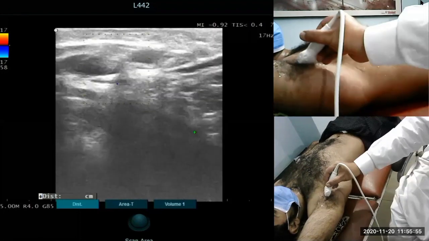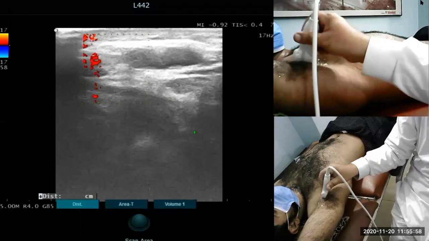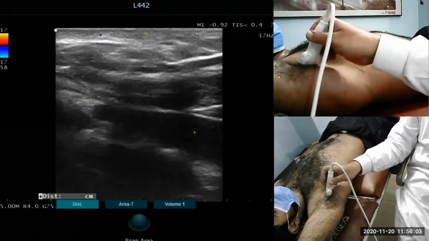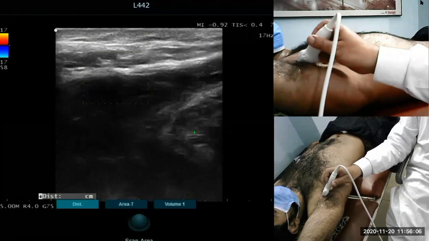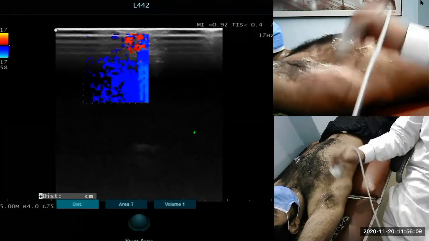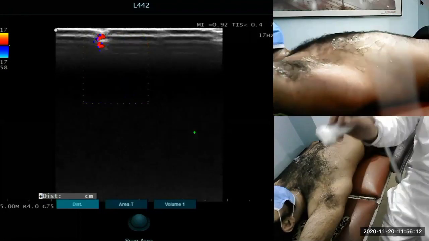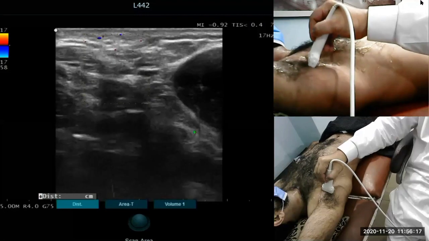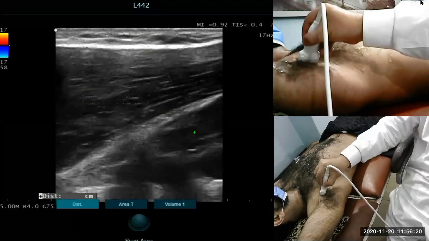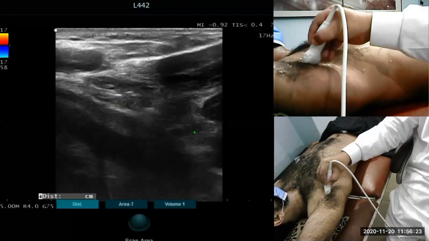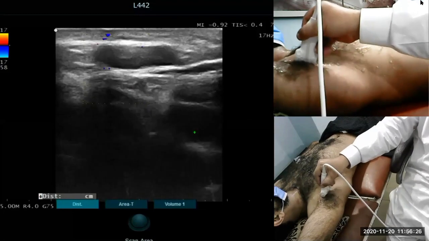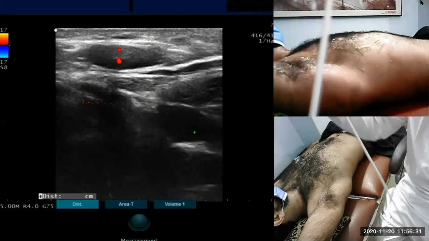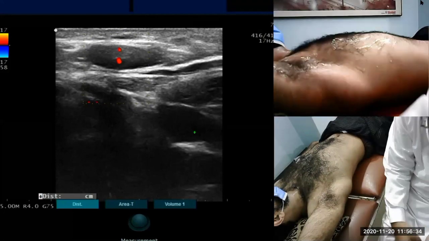So we are definitely going for a fine needle aspiration of one of these lymph nodes because they are everywhere. There you see the lymph node. This is the pectoralis muscle. This is how they will appear. You can appreciate the vascularity inside.